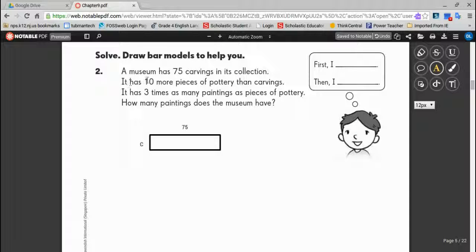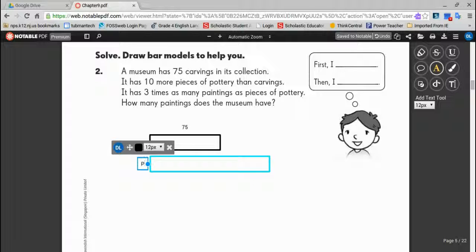Next sentence, it has 10 more pieces of pottery than carvings. Alright, so let's draw the next bar model. So here is my pottery, and if it has 10 more pieces of pottery than carvings, I know my pottery has to be greater. And so I'm going to put P as pottery, and it's 10 more than the carvings.